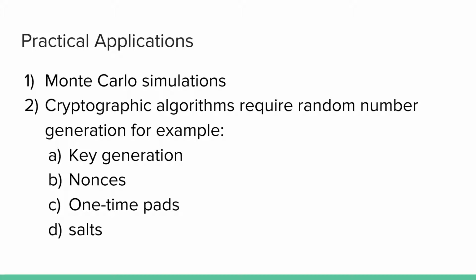So for this, we define a domain of possible inputs, and we generate inputs randomly from a probability distribution over the domain. Also, key generation, nonces, one-time pads, and salts require the cryptographic algorithms to generate a lot of random numbers. So this is where Fortuna comes into play.